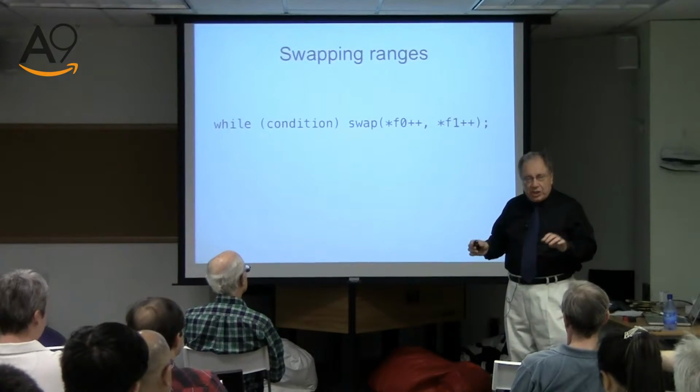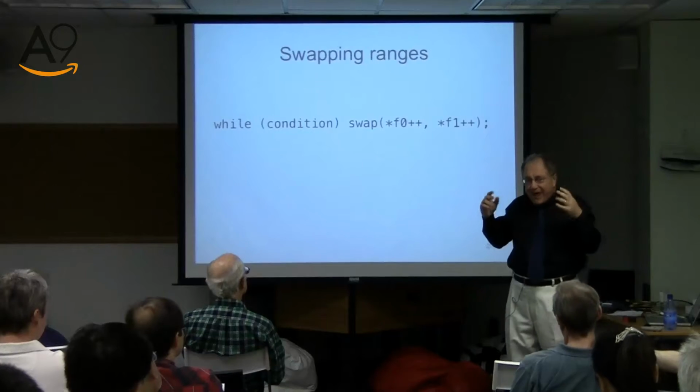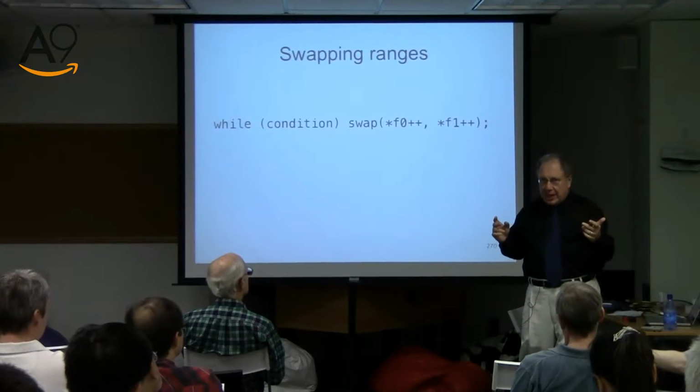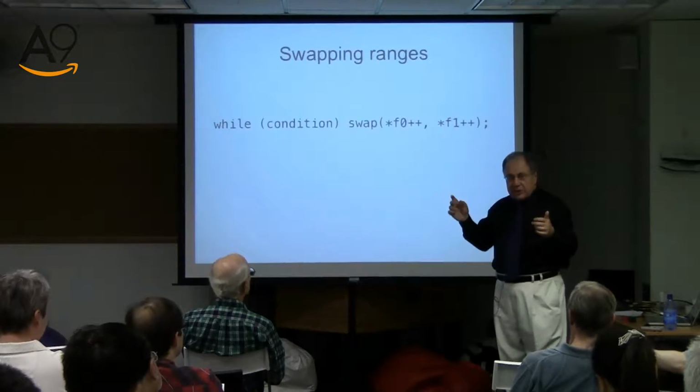So what does it do? It somehow permutes, moves these things and these things like so. It's a simple fragment of code. It's not a procedure, because we don't even know what the condition is, but it's somehow a good building block for a permutation.